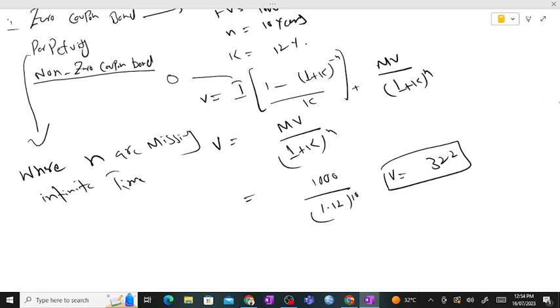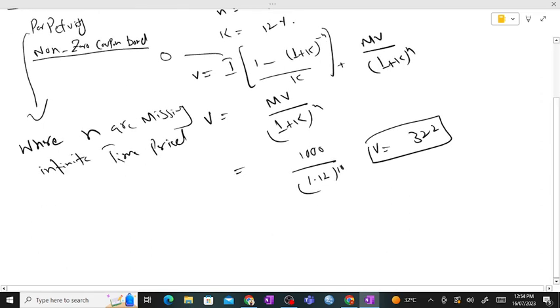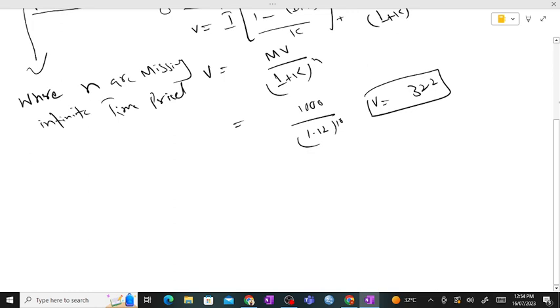In that case, how would you calculate the value of the bond? The formula would change: V is equal to the coupon payment divided by your required rate of return.